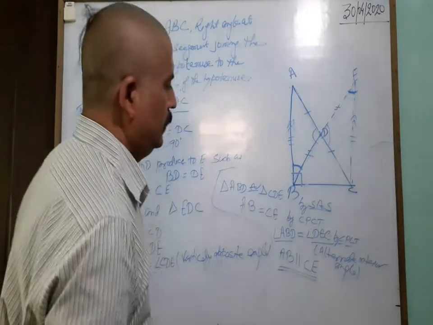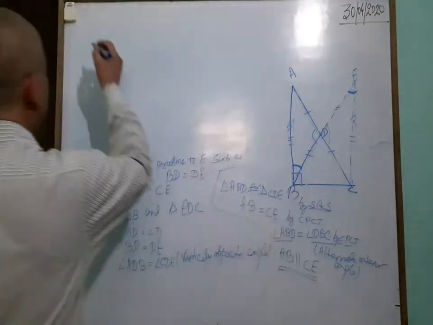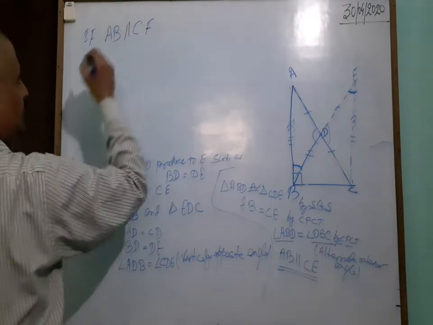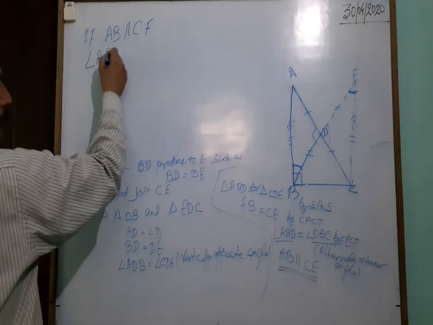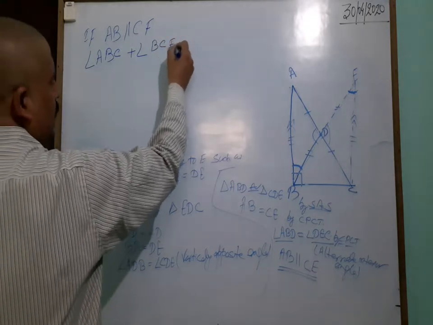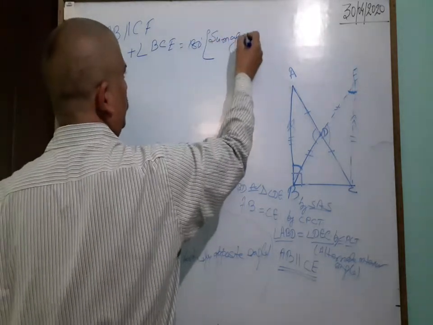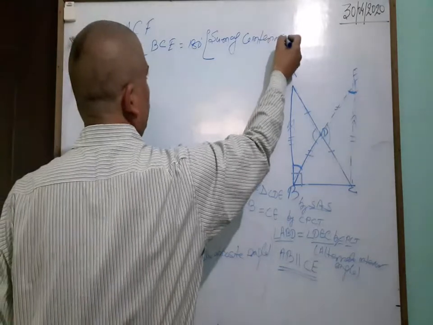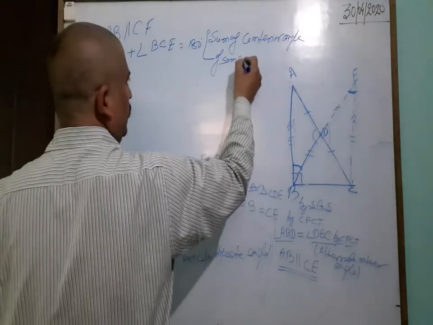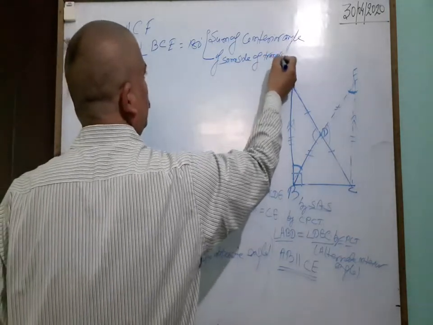So next, if AB is parallel to CF, then angle ABC plus angle BCE equals 180 degrees, the sum of co-interior angles on the same side of the transversal is 180.